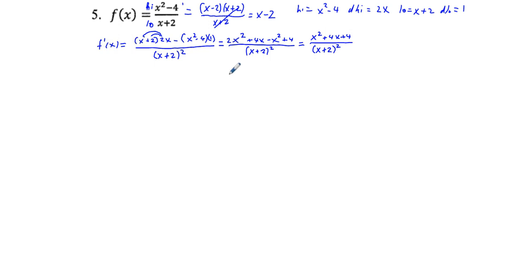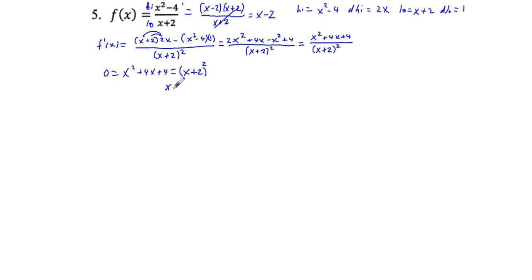So we have here a situation where if we set our numerator equal to 0, we say 0 equals x squared plus 4x plus 4, and that's equal to quantity x plus 2 squared.